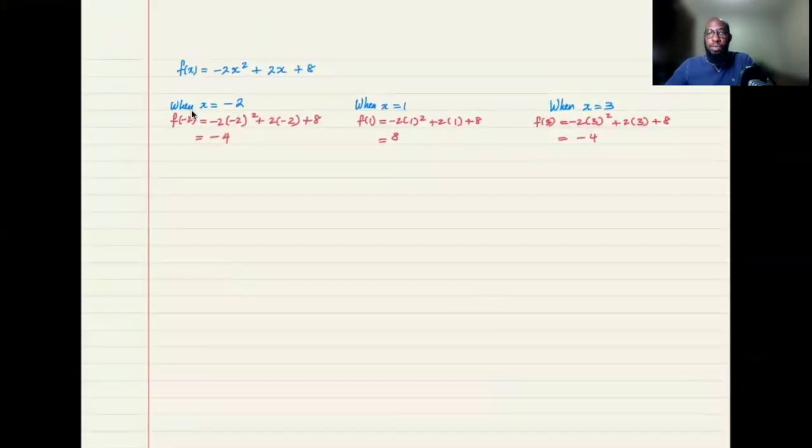So when x is equal to negative 2, f of negative 2 is negative 4. When x equals 1, you can say y is equal to 8. When x is equal to 3, y is equal to negative 4 again.